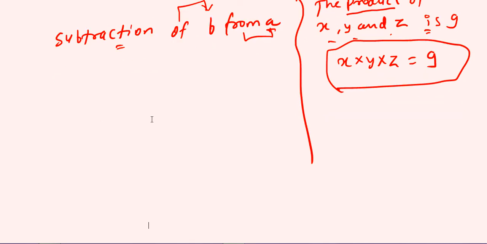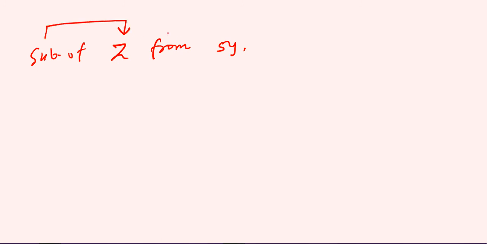Okay, leading to some other examples. The subtraction of z from 5y. Now in this case we are subtracting z from 5y. So first we will write 5y, then minus z. So like this you have to form equations, algebraic forms.